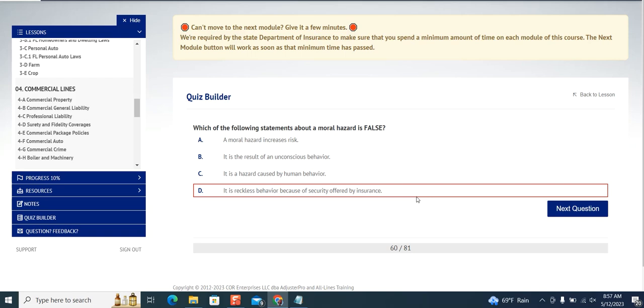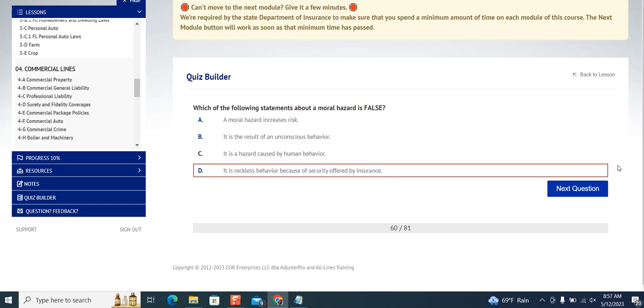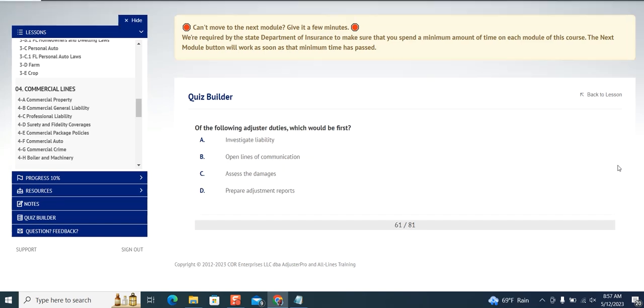It is the result of unconscious behavior. It is a moral hazard. Increases risk. Well, I still would have been guessing, but I wouldn't have guessed D though. I guess it's B, but I don't know. Gotta go back and look over the definitions and stuff.